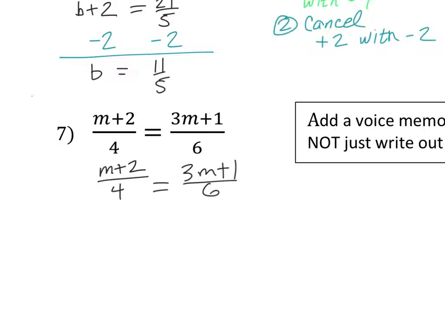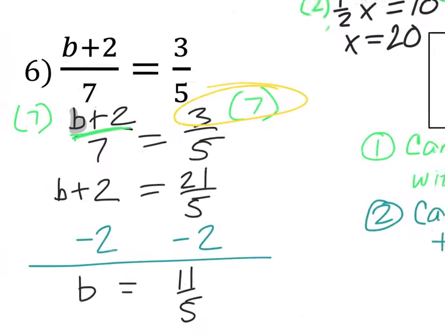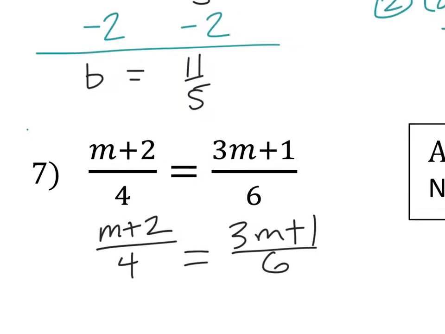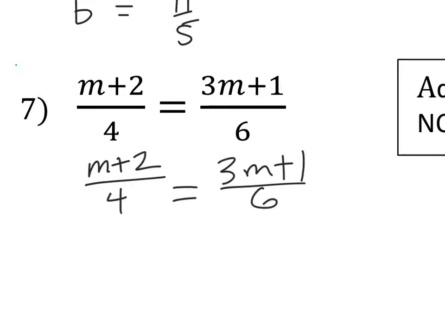But I also have a 6 that I need to cancel out as well. So that is where we use that ditch that denominator, when we've got 2 denominators this time that we need to get rid of. In the last one, we only had to get rid of 1 denominator because there was only 1 variable. But now we've got 2 variables, and they're both on top of a denominator.